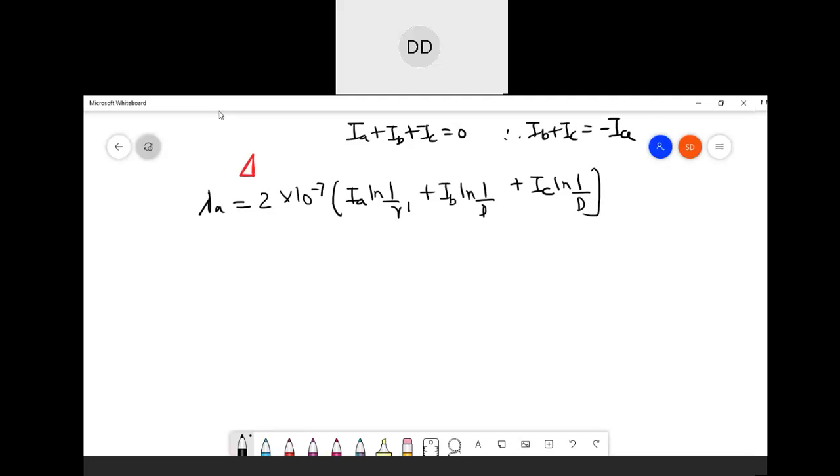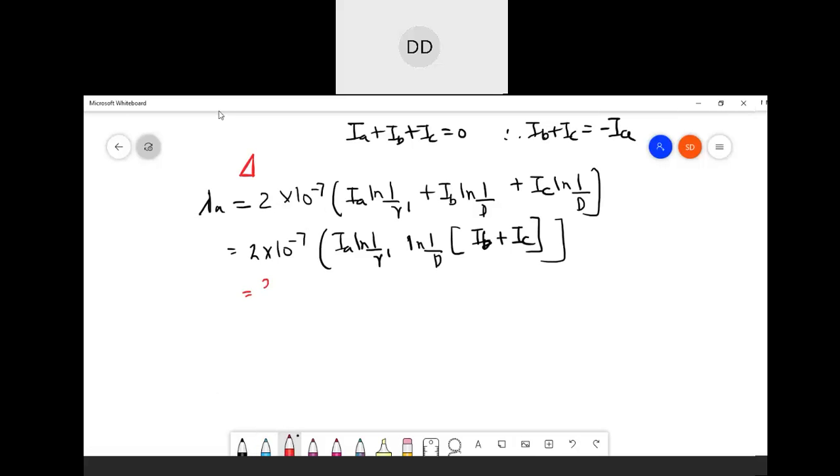Safely we can write 2 into 10 power minus 7, Ia ln of 1 by r dash, and here this ln of 1 by d is common, so we can take it out with Ib plus Ic, and instead of Ib plus Ic we write minus Ia. So 2 into 10 power minus 7, Ia, ln of 1 by r dash minus ln of 1 by d.